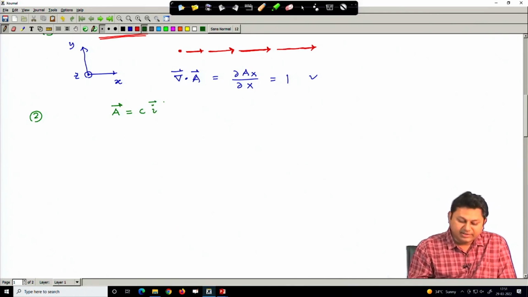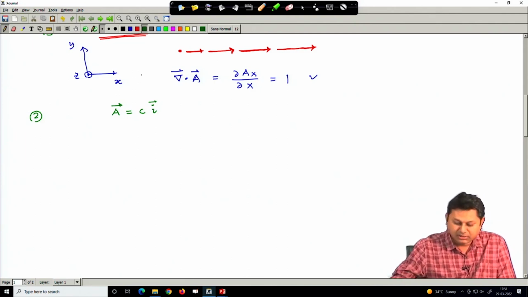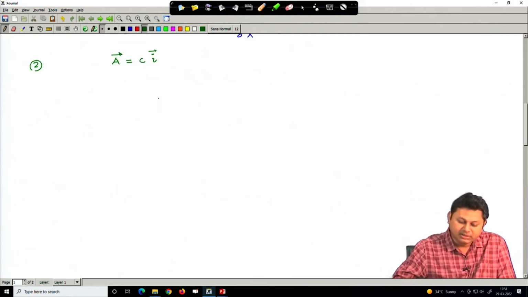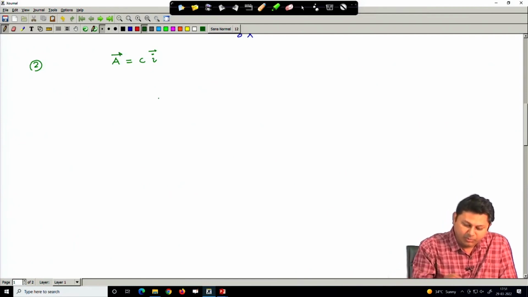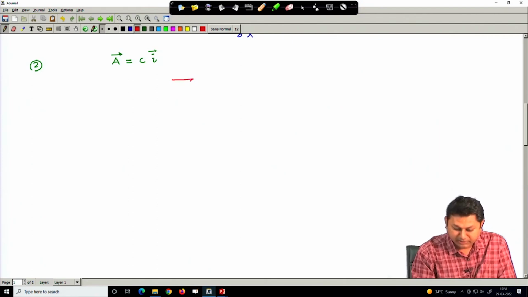If that is the case, you can see this is not depending on x or y. So in 2 dimensions, if I want to plot this, the vector field looks like constant lines. Whatever the magnitude of C, that should be the magnitude of this, all the lines will be of the same length, and I am having something like this, a uniform flow of something, for example.